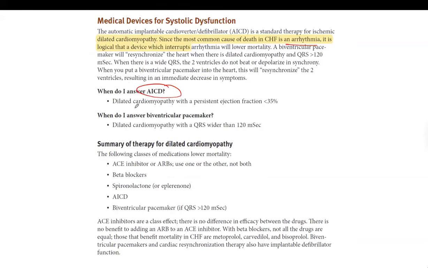So in a patient who has dilated cardiomyopathy and their ejection fraction is persistently less than 35 despite trying all possible medication, that is one of the patients who can go for this implantable defibrillator. What it does is that if patient goes into cardiac arrest, it will just shock the patient by itself. Okay, so that is the last option for heart failure patient, especially if it is related to cardiomyopathy.